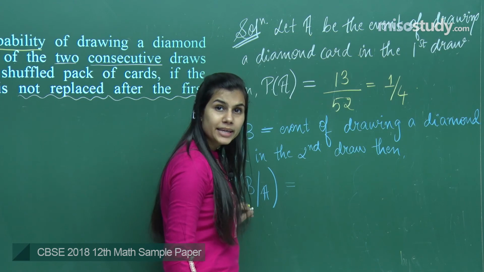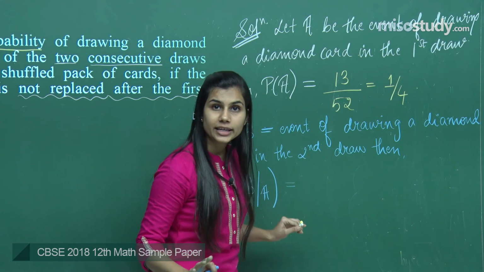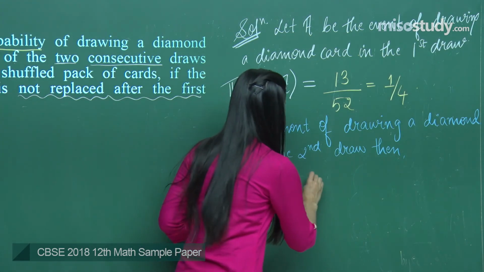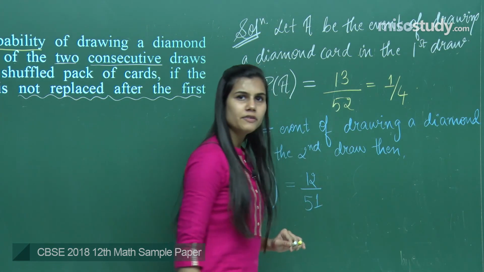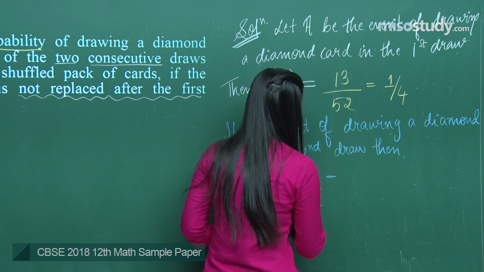Probability of event B happening when event A has already happened is what? The favorable outcomes now become 12 and the total outcomes now become 51. So this becomes what?